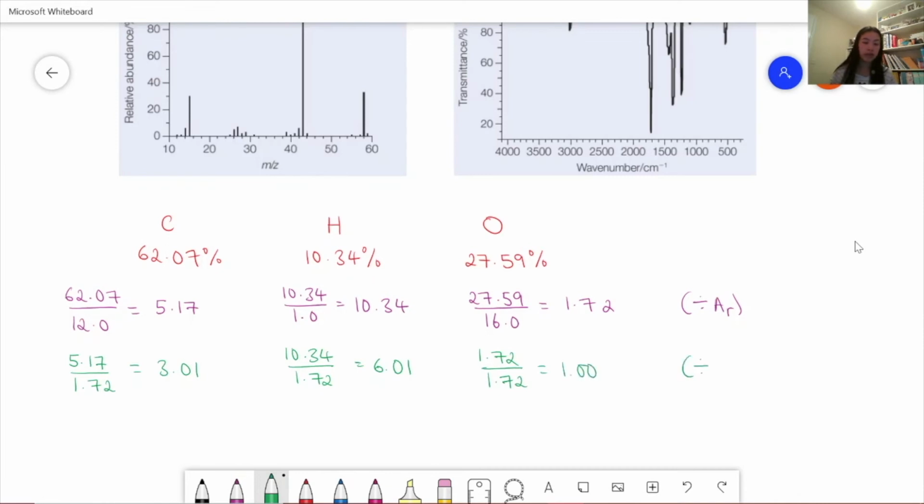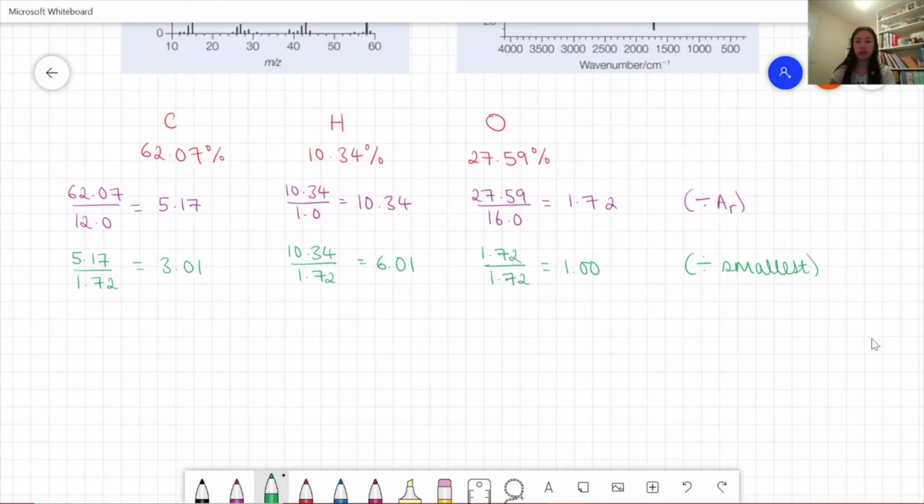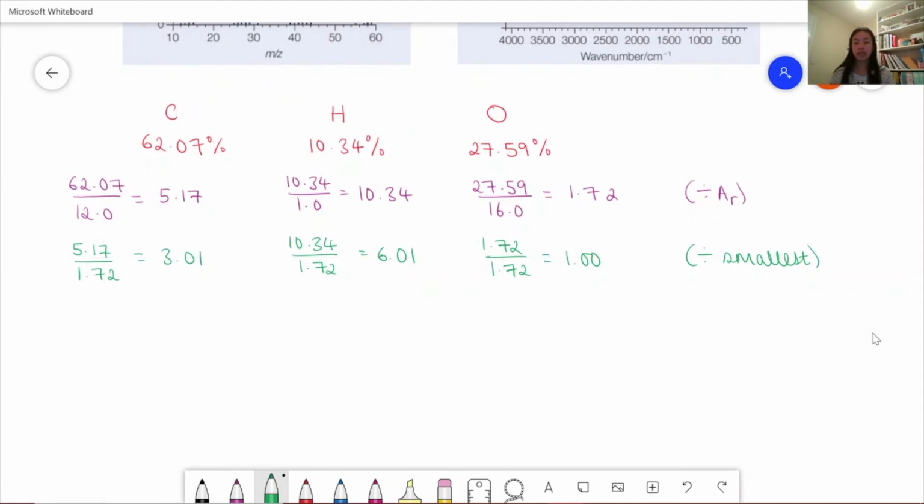And so here we've divided by the smallest. And so now we have our ratio for this compound of the different elements. So we have that the ratio is equal to 3 to 6 to 1. And so our empirical formula is equal to C3H6O.